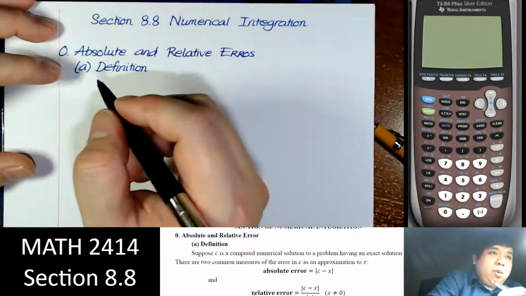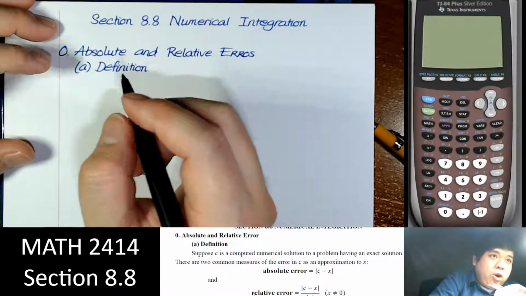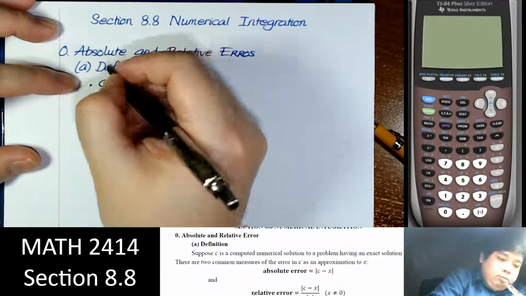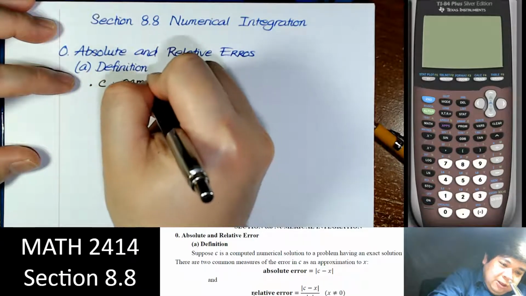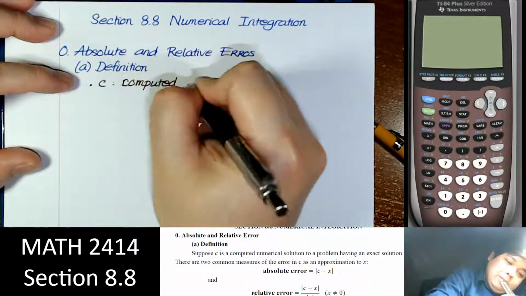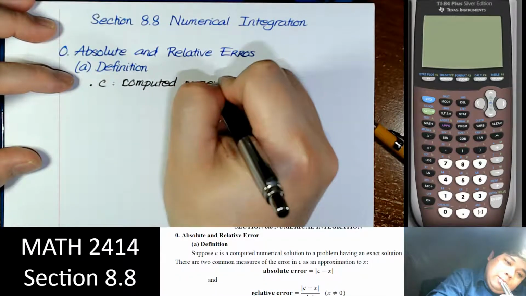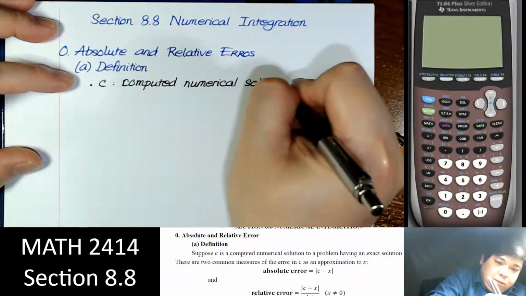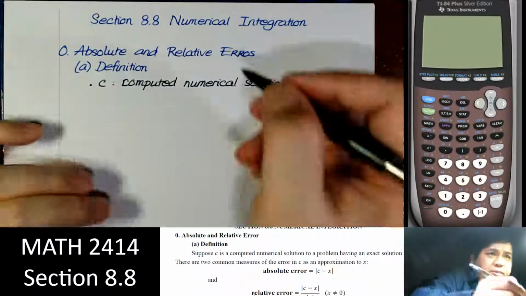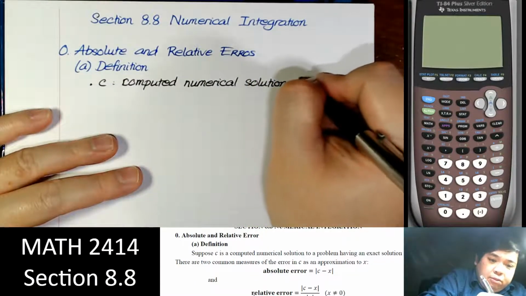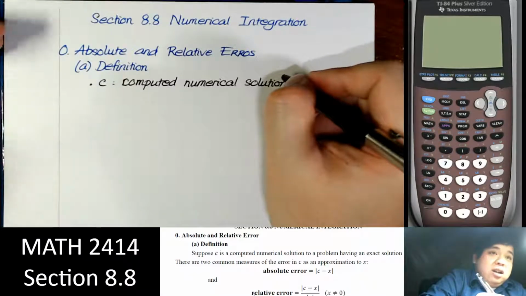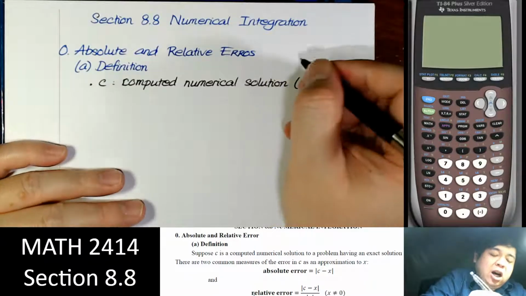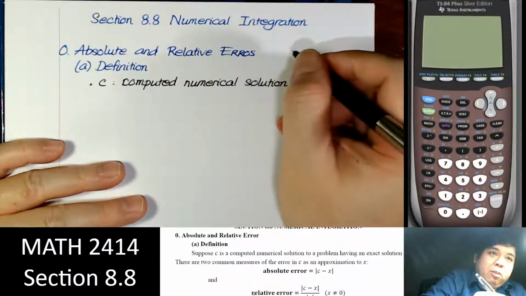Definition. Suppose C is the computed numerical solution. So I'm just going to write C is computed. And at the time when we compute, if there's any kind of numerical error or calculator error, that's just an estimate or approximation.